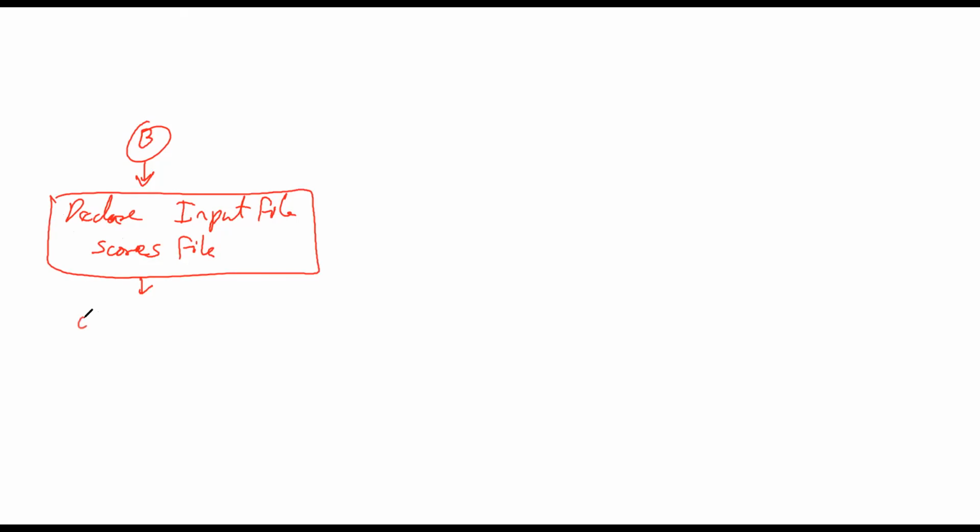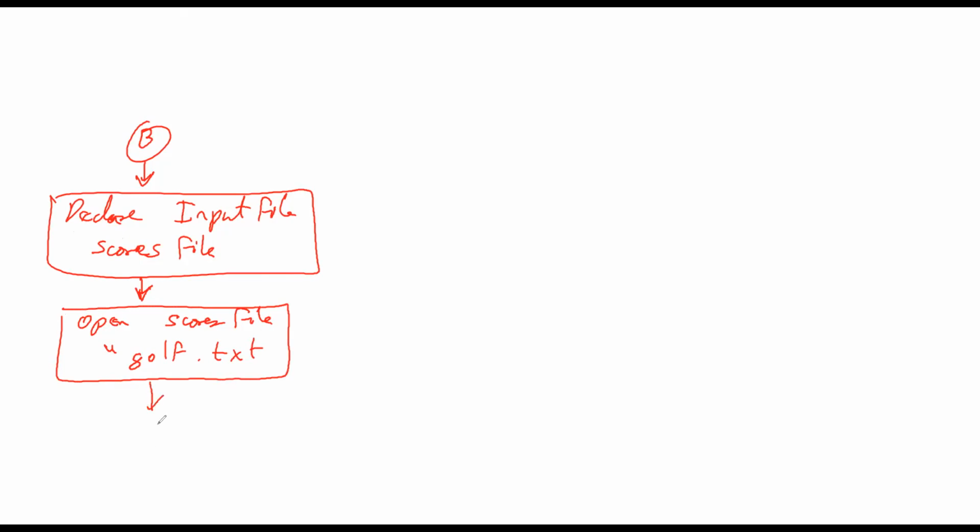Then we open. So I'm going to do open scores file. And we open the file golf.txt. Okay. And then finally, we're going to do the loop. So I'm going to pick yet another letter.